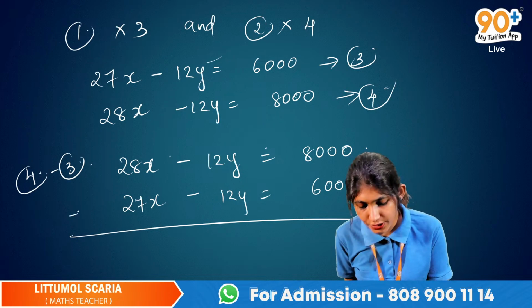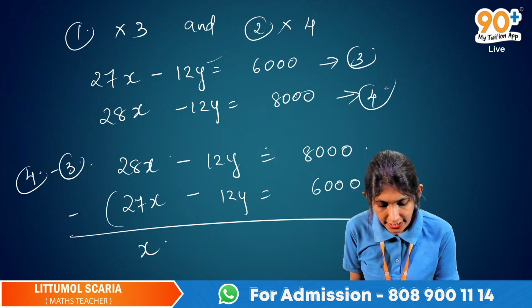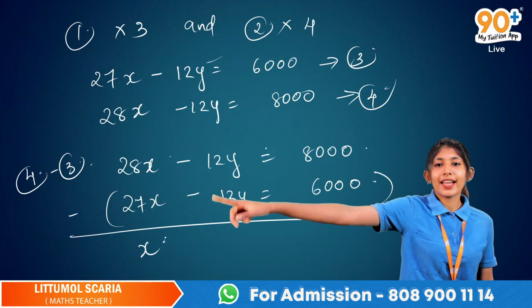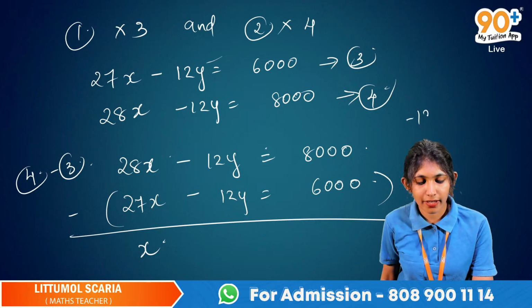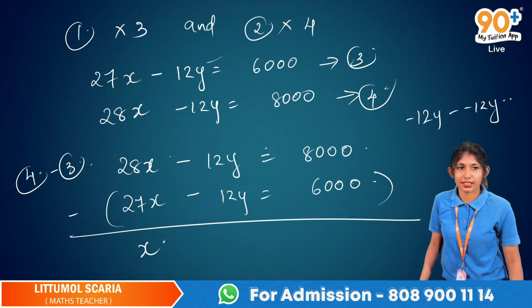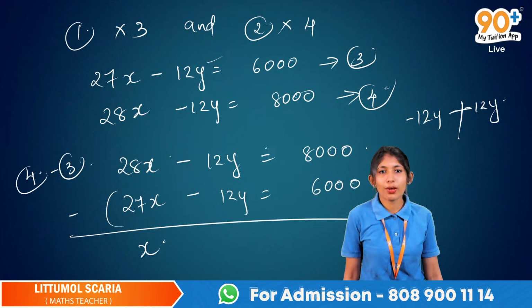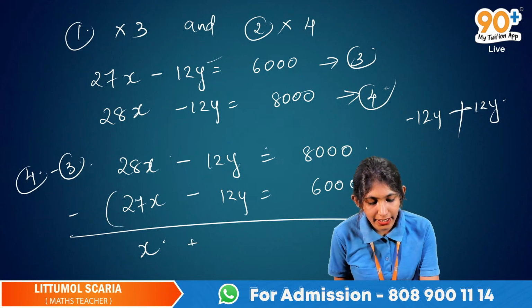So we are going to subtract the entire equation. 28x minus 27x is x, minus 12y minus 12y. ഇപ്പോഴല്ലേ മിസ് മൈനസ് എടുത്തതിന്റെ കാര്യം മനസ്സിലായത്. Minus and minus will become plus. Minus 12y plus 12y will be equal to 0.